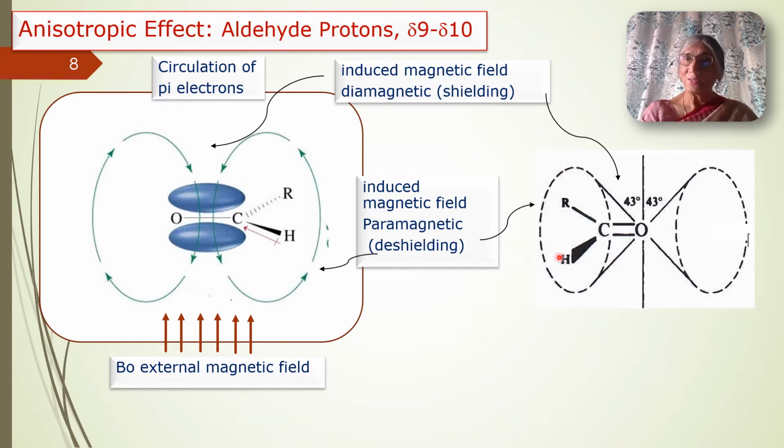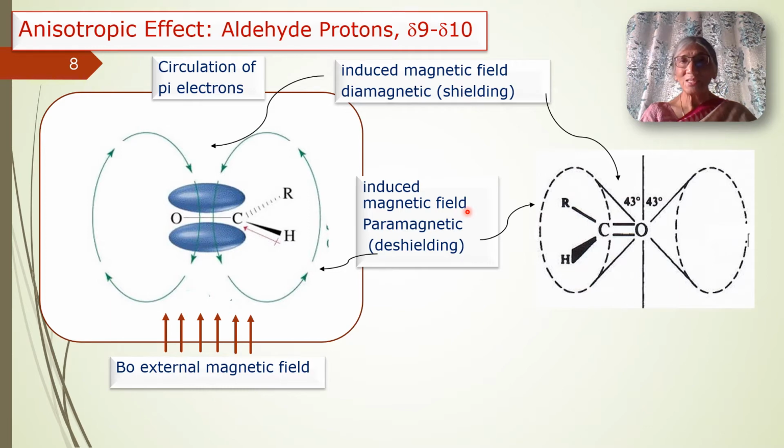The area under the cone represents the paramagnetic area and the area outside the cone represents the diamagnetic area. And this is the axis passing through oxygen, and the 43 degree angle is the diamagnetic area, and the area under the cone is the paramagnetic area, and aldehydic protons fall in the paramagnetic area. Therefore, aldehydic protons are highly de-shielded protons.